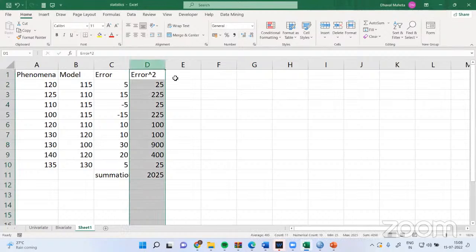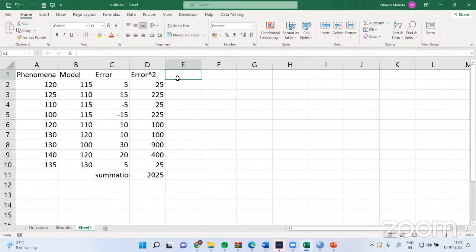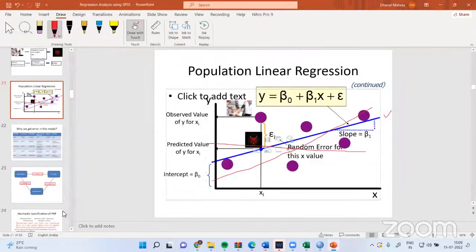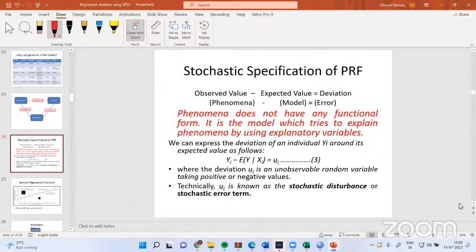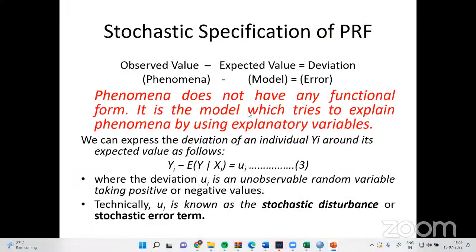So we take the square of the error, and from that day, regression is also known as ordinary least squares, OLS. Why? Because we are trying to minimize the error. Now see how we have written technically.